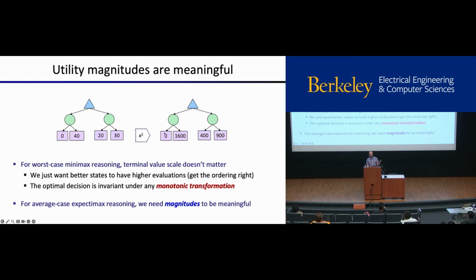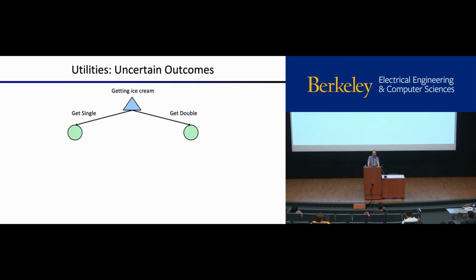If you have a 50-50 chance between option A and option B, and you want to know how good it is, you need more information than just saying A is preferred to B, or A is preferred to C, some other thing you're considering. You need to know how good A is, or how good B is. Well, both. So in utilities, the magnitudes are meaningful, not just the ordering.